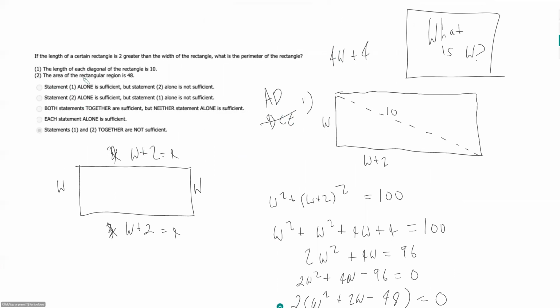Statement 2. The area of the rectangular region is 48.